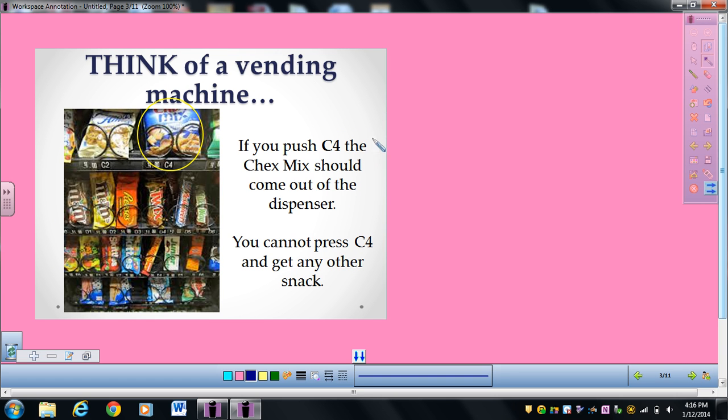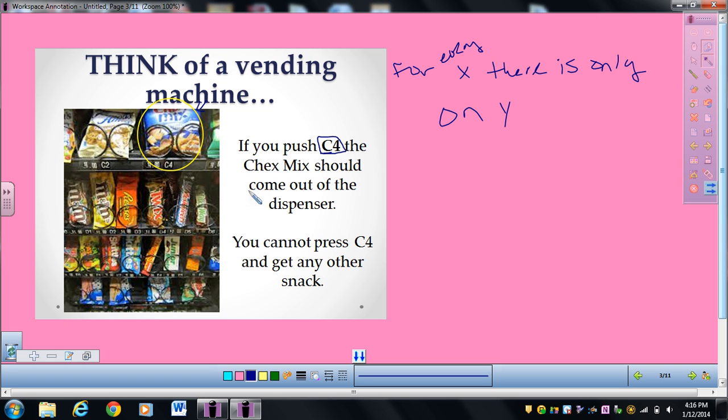Think of it as a vending machine. So, like I said, for every x, there's only one y in a function. That means that if you were to go to a vending machine and push C4, you are going to get Chex Mix right there.